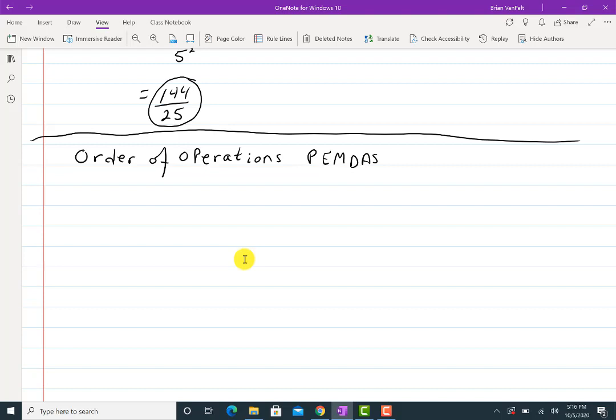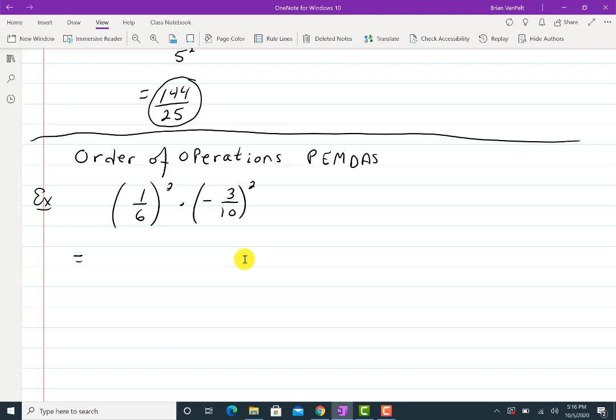Let's do some examples to illustrate some of the PEMDAS properties. Let's start off with 1/6 to the 2nd power times -3/10 to the 2nd power.